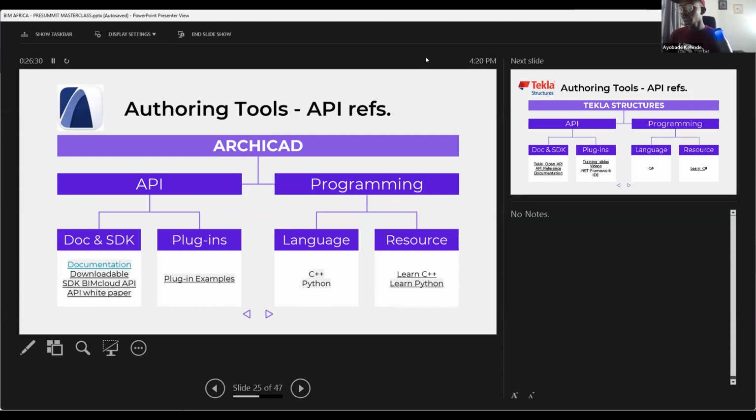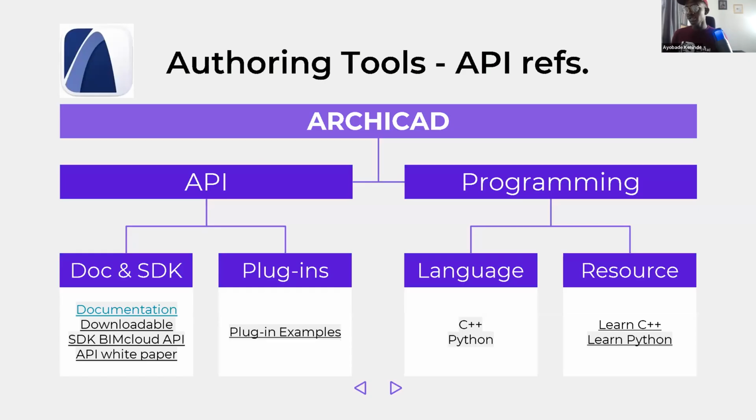Now, it requires two basic programming languages. Every API has a programming language it deploys. The ArchiCAD API uses C++ basically, and then Python for certain builds. If you want to create extensions and the like, you can use this.